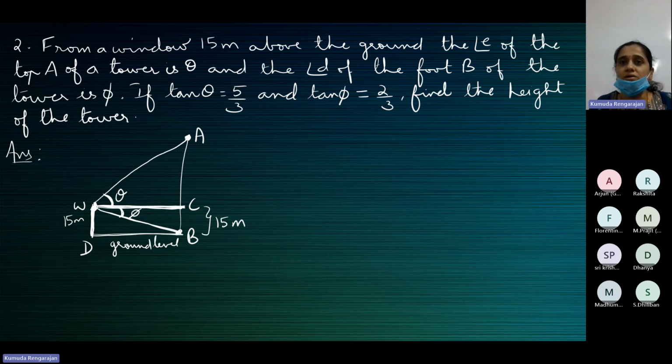Find the height of the tower. The height of the tower is AB. We need to find AB, but it is enough to find AC because we know BC is 15. So whatever AC plus 15 is will be the height of the tower.